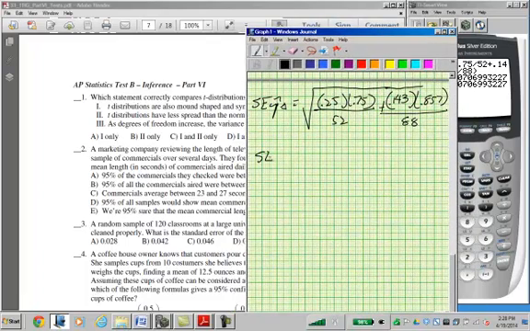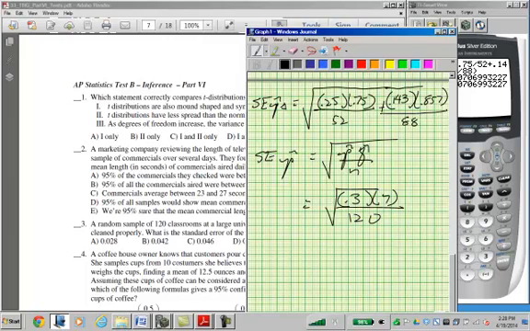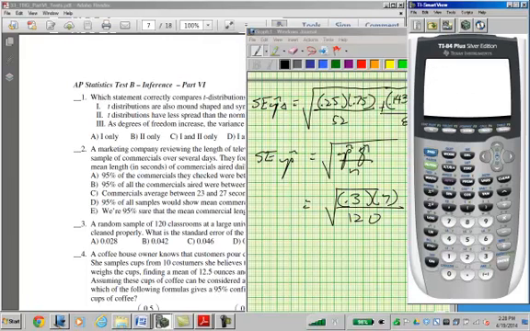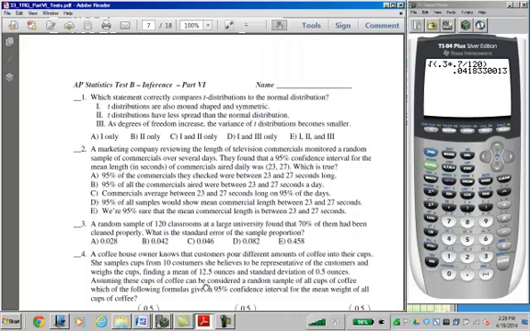So the standard error of p hat, because we only have one sample here, equals the square root of p hat q hat over n, which equals the square root of 0.3 times 0.7 over 120. Double check: 0.3 times 0.7 divided by 120. Okay, 0.042, and that's the right answer.